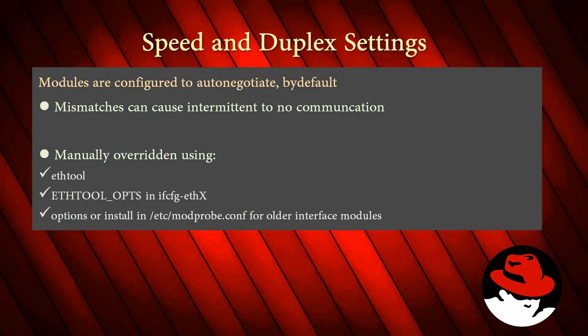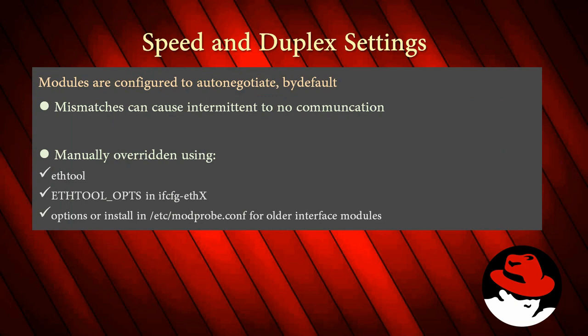When there is a mismatch in speed and/or duplex between the settings presumed by the card and the settings presumed by the upstream hub or switch, the communication becomes intermittent at best or non-existent. A mismatch will also exhibit error statistics when viewing the interface through ifconfig or ip link. So the mismatch can cause intermittent or no communication, which could be managed by speed and duplex settings.